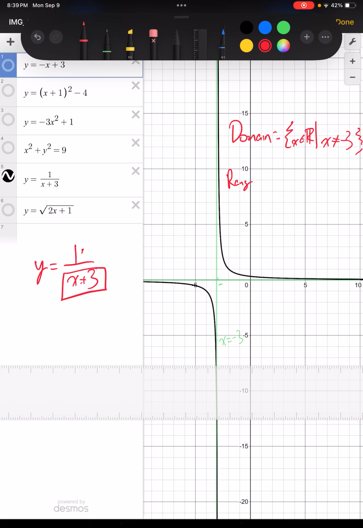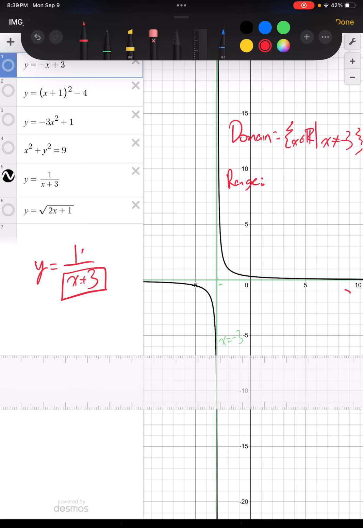It will never hit 0, but it will come close to 0. Range, so we can talk about that more in person. y is an element of R such that y is unequal to 0.